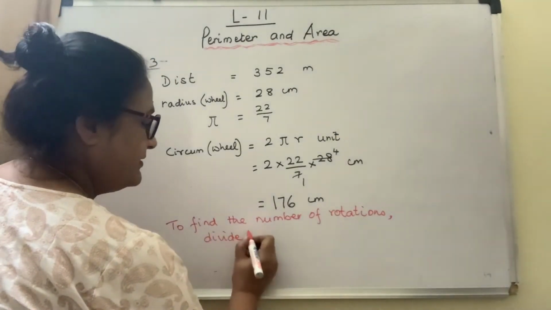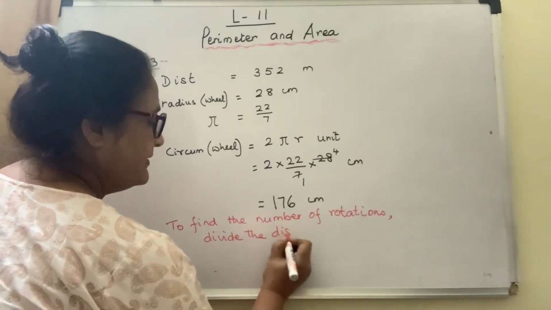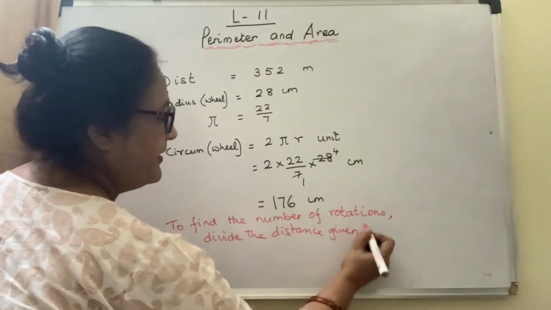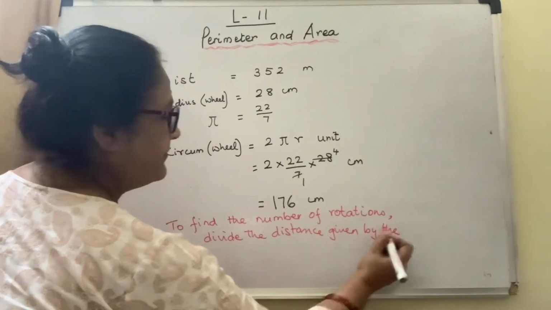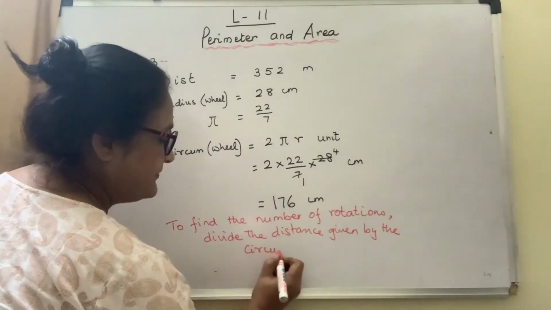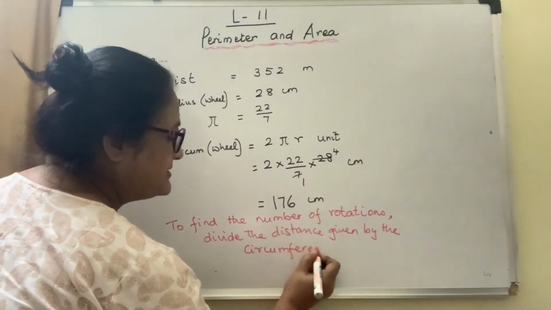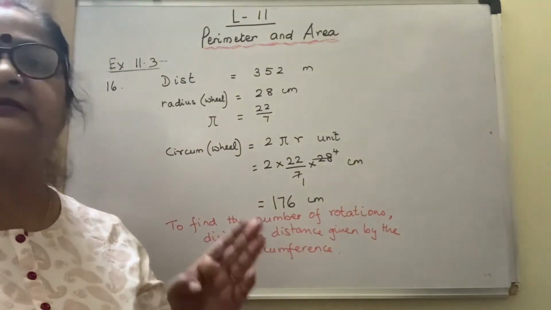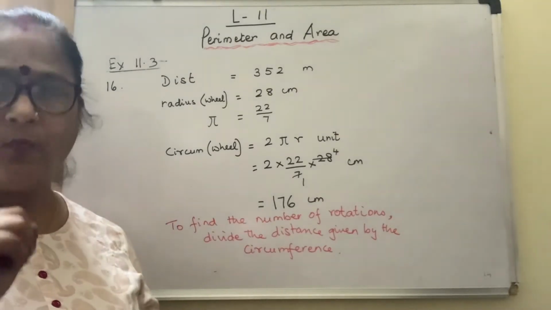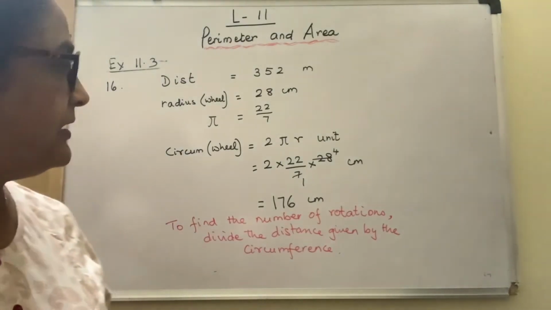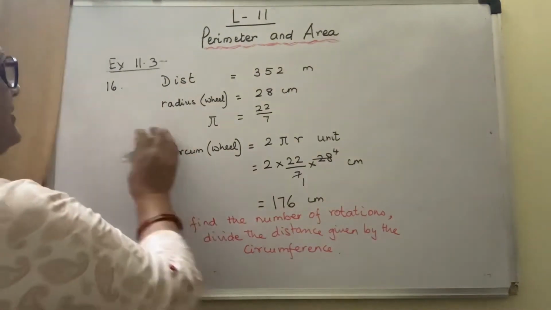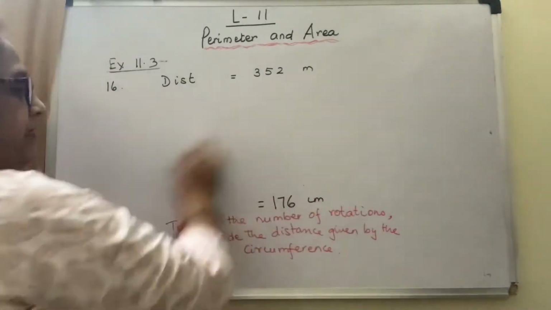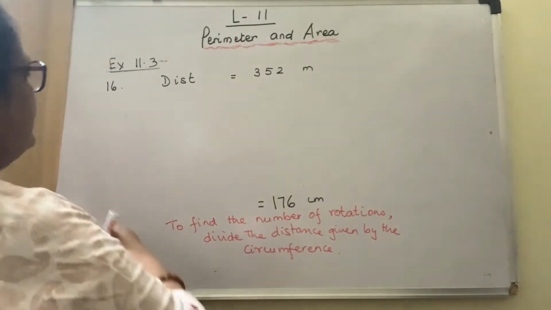Divide the distance given by the circumference. Why are we dividing by the circumference? Because circumference is the distance covered by the wheel in one rotation. Okay, so now we are going to do this. I'll rub that off afterwards before I write. We will start here.